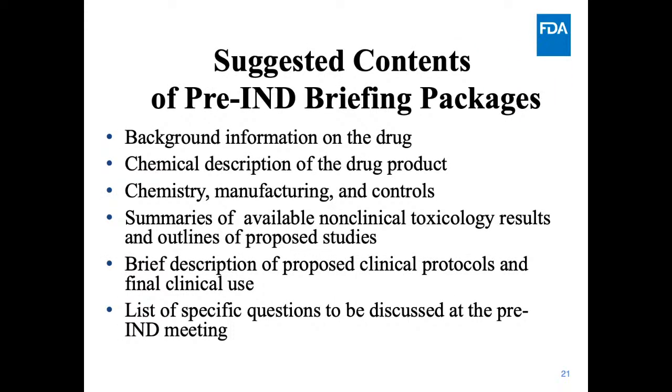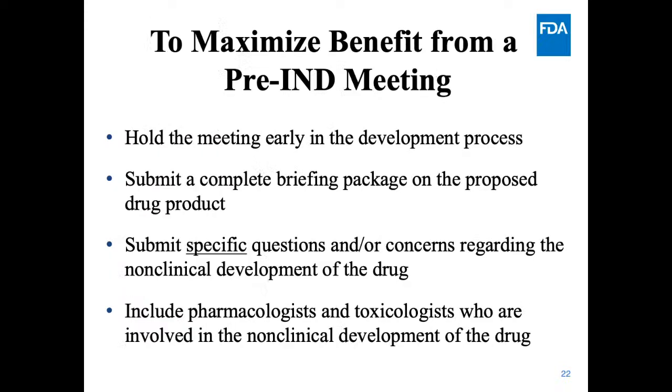And the suggested content of pre-IND briefing packages includes background information on the drug, chemical description of the drug product, chemistry, manufacturing and controls, summaries of available non-clinical toxicology results and an outline of proposed studies, a brief description of proposed clinical protocols and clinical issues, and a list of specific questions to be discussed at the pre-IND meeting.